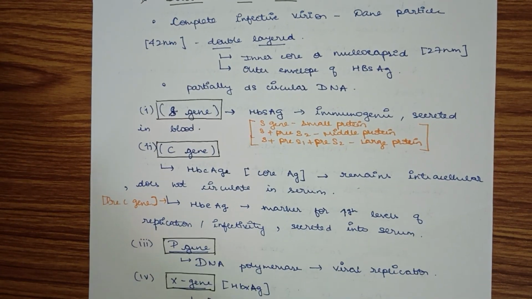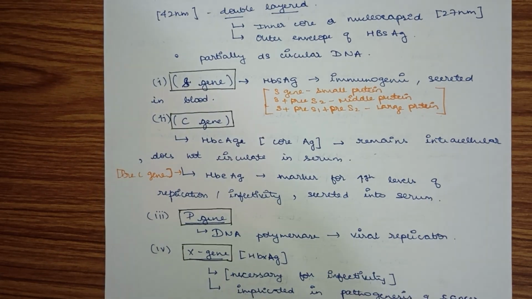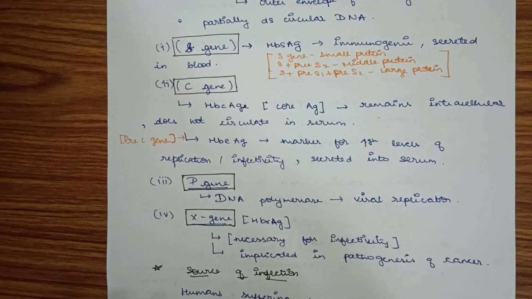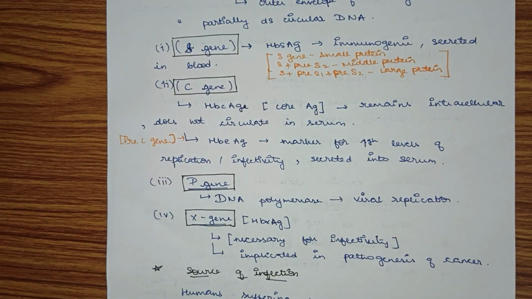It has four genes. So first, let's understand the composition of the hepatitis B virus. It has the S gene, C gene, P gene, and X gene. The S gene forms the hepatitis B surface antigen, which is generally secreted in the blood. The C gene forms the hepatitis B core antigen and the pre-core antigen, which are HBcAg and HBeAg.